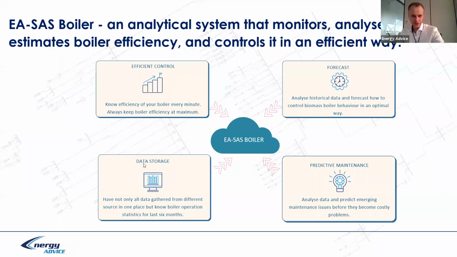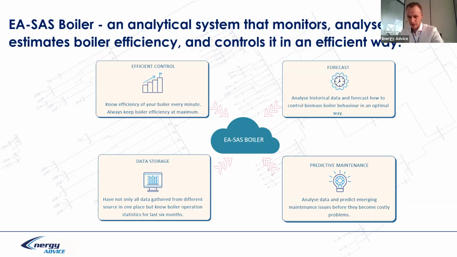You have data storage, so you can access data for at least 6 months. We can agree for 1 or 2 years, but at least for 6 months you can get data about the operation of a boiler. Forecast: you can analyze historical data and forecast how to control boiler behavior in an optimum way also.